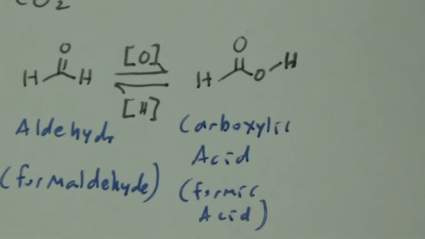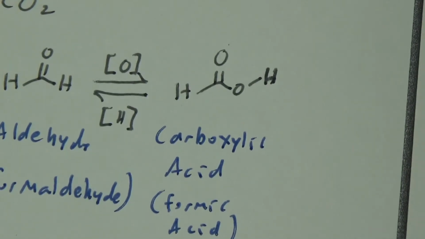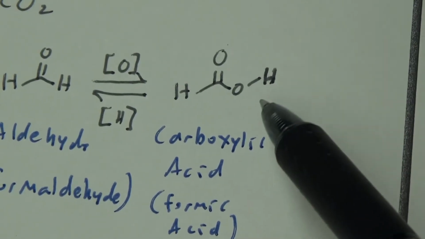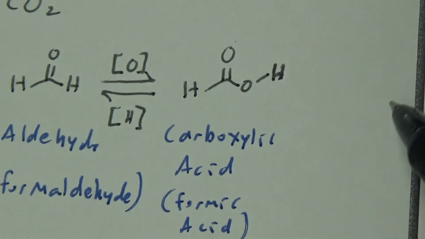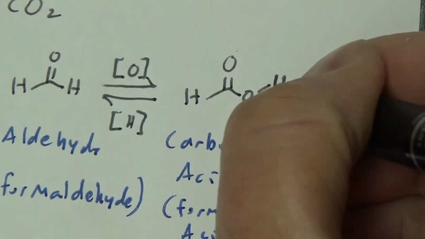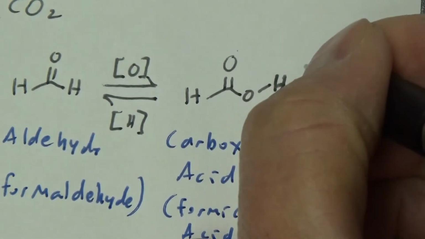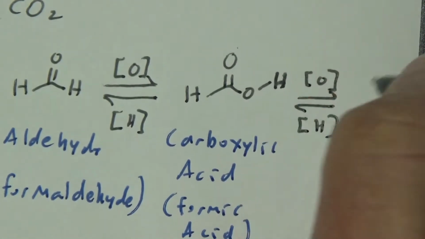Alright. Can we keep going? Anything higher than 3 bonds to oxygen? Do you know any molecules with 1 carbon and 4 bonds to oxygen? Here's 3: 1, 2, 3. And yes, you can keep going. One more step, going the other direction.